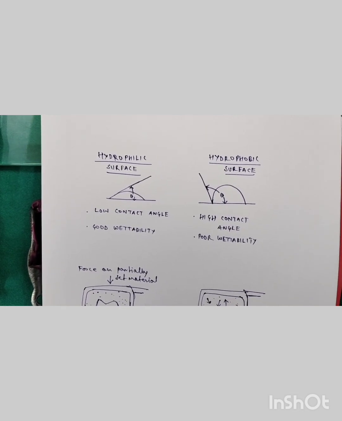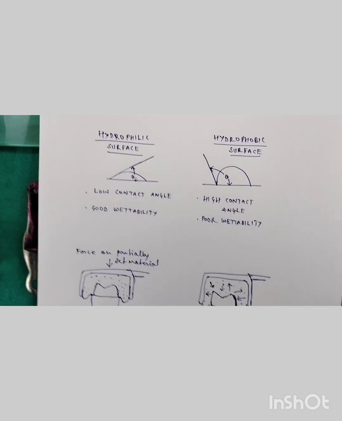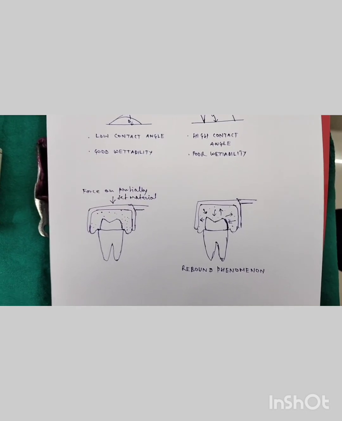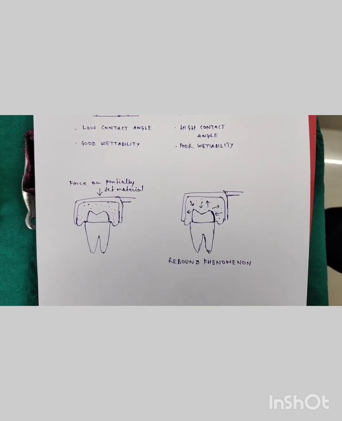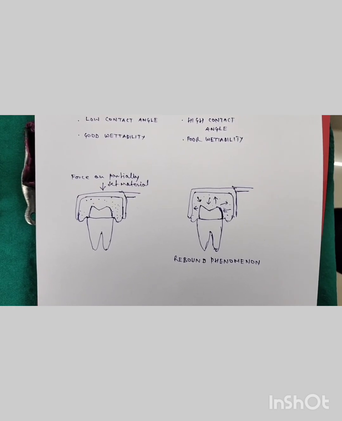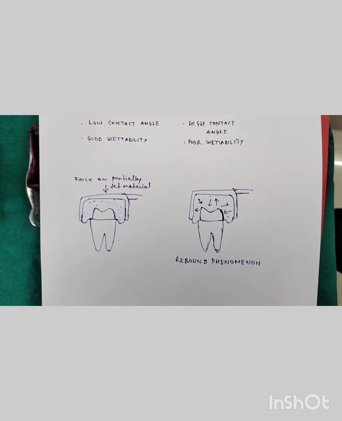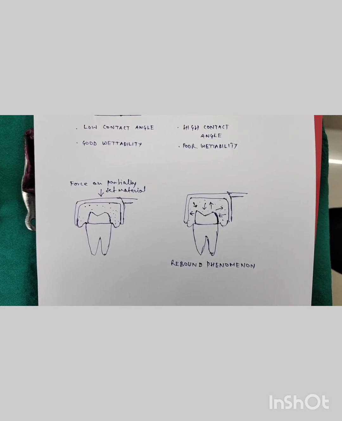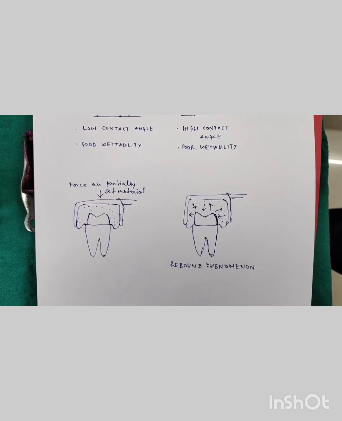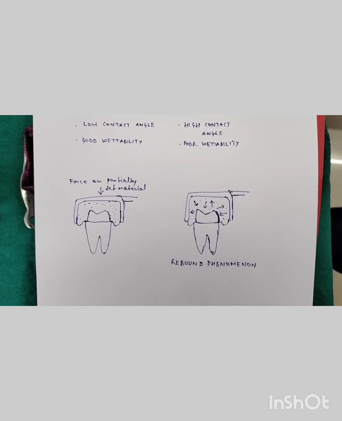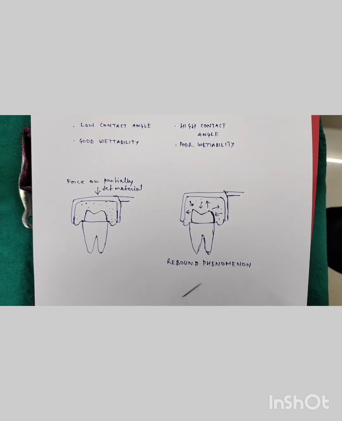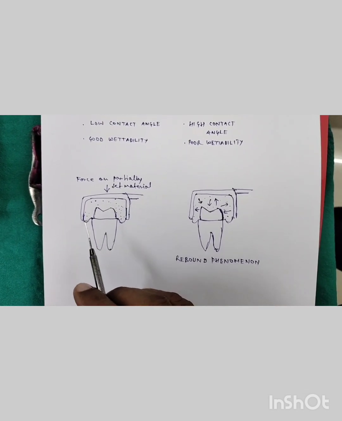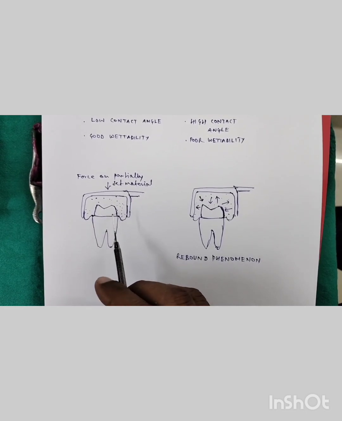Now consider a situation in which we use a partially set material that is already past its working stage, and you force that material in order to make an impression. Then a process known as the rebound phenomenon happens, because you are applying force on the partially set material over the prepared tooth surface.